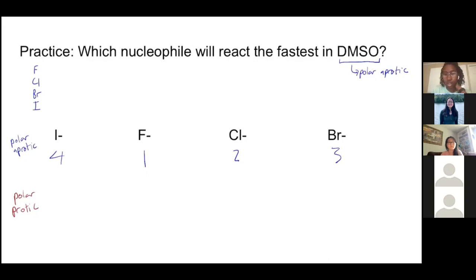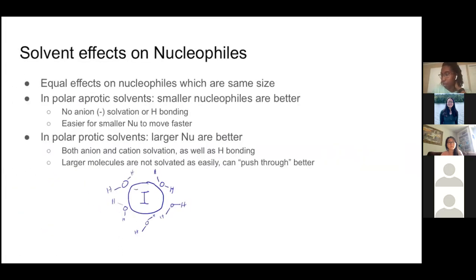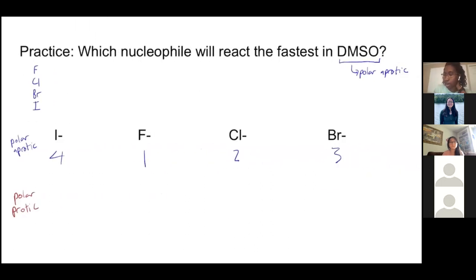Well, if we remember from the last slide, in polar protic solvents, larger nucleophiles are better just because they can push through all of the additional intermolecular interactions that occur in polar protic solvents compared to polar aprotic solvents. So that is why our order is actually going to be reversed, with iodine as the fastest and fluorine as the slowest, and the order of chlorine and bromine will be switched as well. Are there any questions about this?